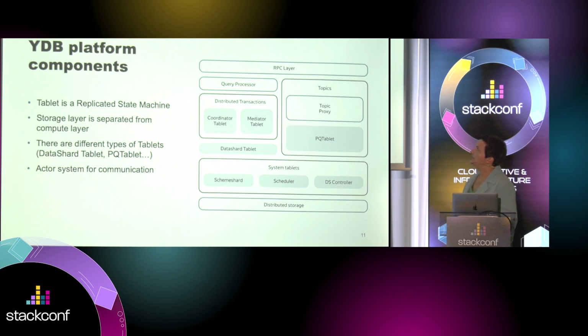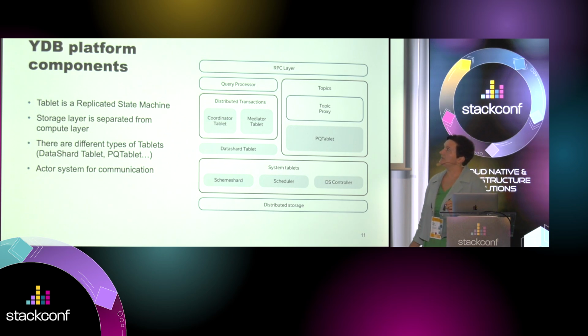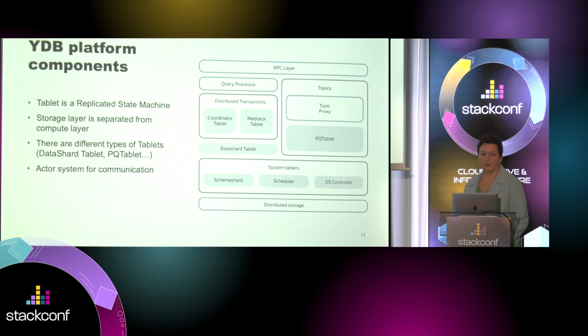We have the PQ tablet, partition queue tablet, to serve topics. We have special system tablets for scheme, scheduler, and the distributed storage controller. And we have special tablets for serving transactions, the coordinator tablet and the mediator tablet. And I'll tell you more about it.